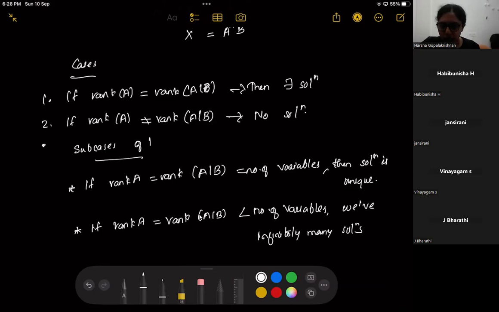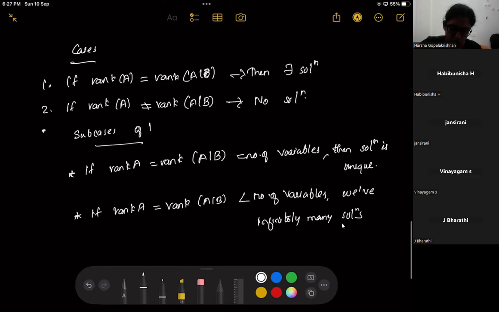Okay, so these are the two cases. First of all, the rank of A and rank of A|B should be equal. And if it equals the number of variables, then the solution is unique. If it is strictly less than the number of variables, infinitely many solutions will exist.